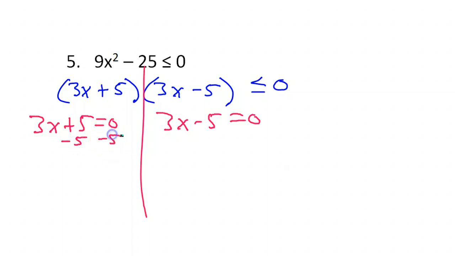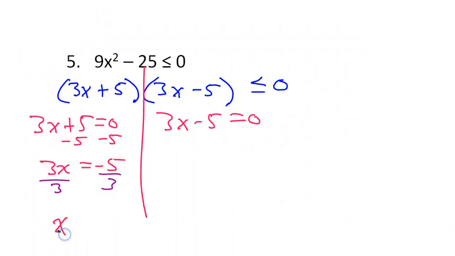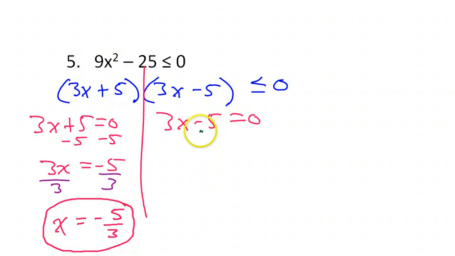Okay, subtracting 5 from both sides gives me 3x equals negative 5. Okay, dividing by 3 gives me x equals negative 5 over 3. So that's one of my zeros, one of my x-intercepts.